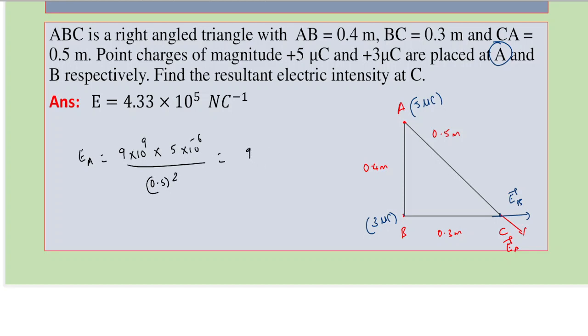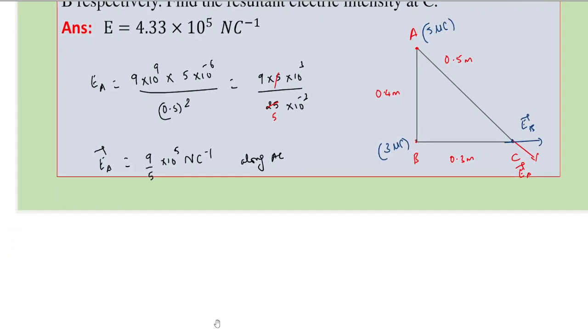This is equal to 9 into 5 into 10 power 3 divided by 0.25, which is the same as writing 25 into 10 power minus 2. So 5 fives are 25, and what remains would be 9 by 5 into 10 power 5 Newton per coulomb. This is E suffix A. In vector form, it would be along AC because the field goes away from a positive charge.